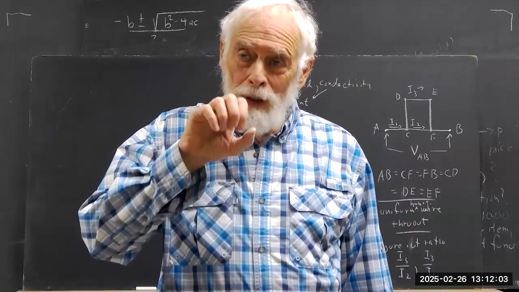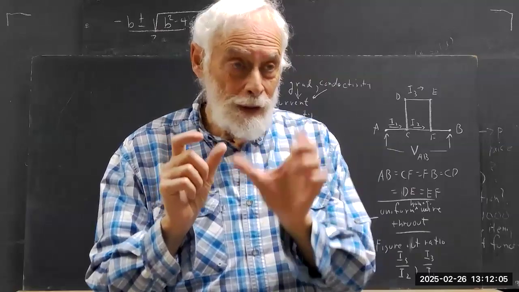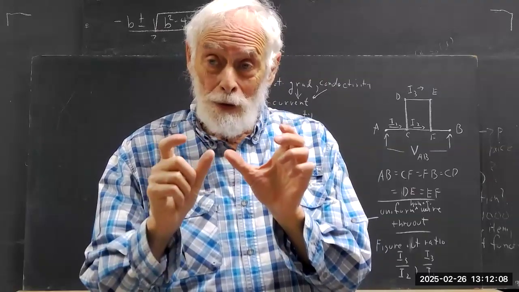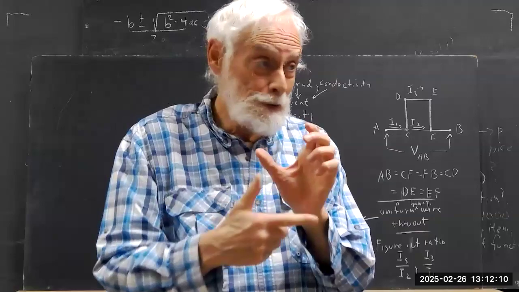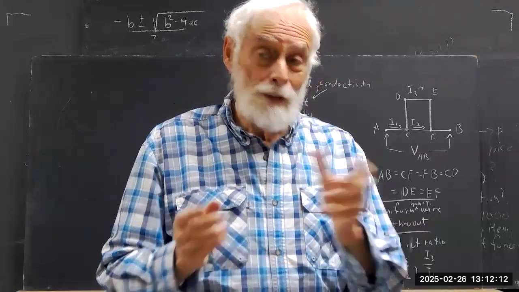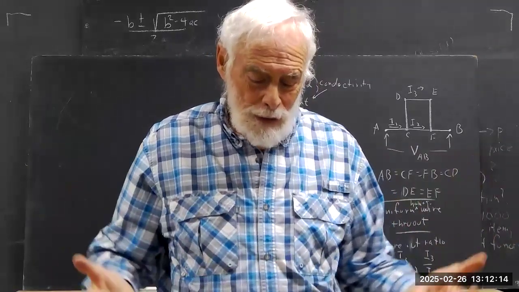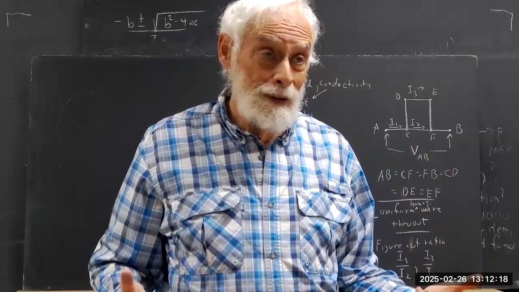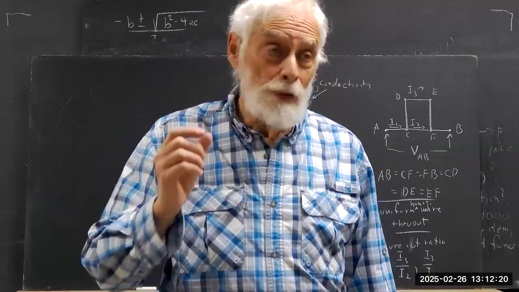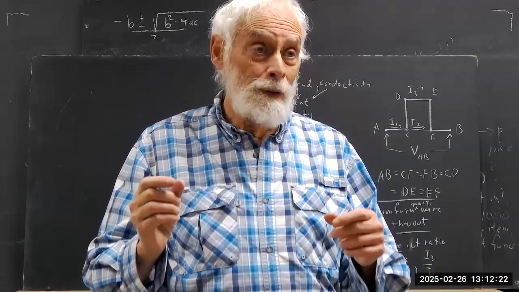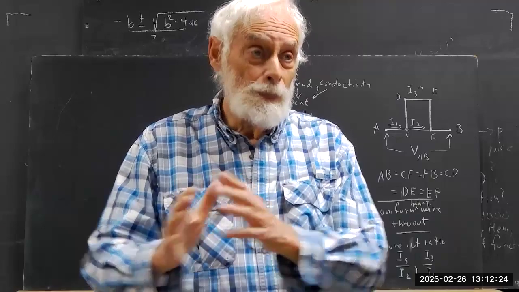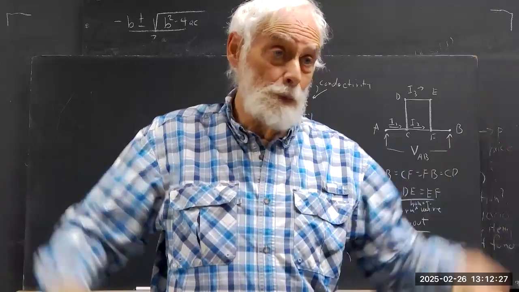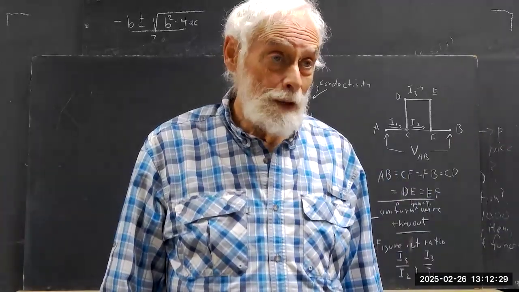If you got more charge density here than you have here, then this charge is going to repel itself into this region. And the density of your charge carriers has to be constant.